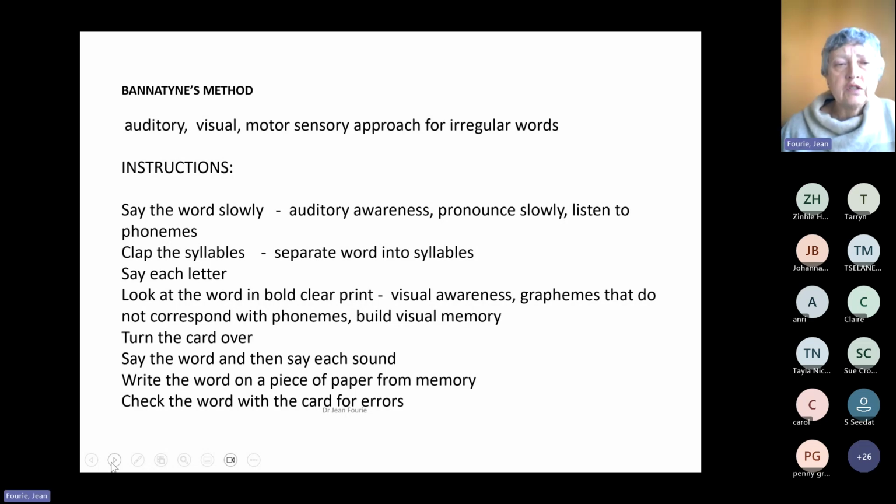One usually starts with auditory awareness: saying the word slowly, pronouncing it clearly, hearing the word. If we look at the word knife, we can hear n, i, f, so we've got three clear sounds there.